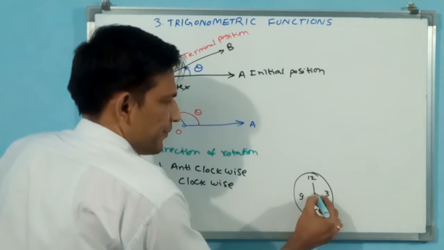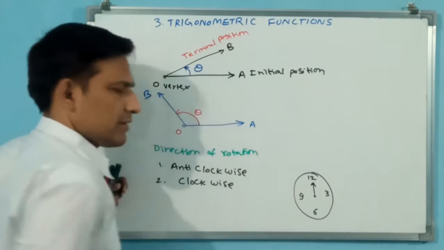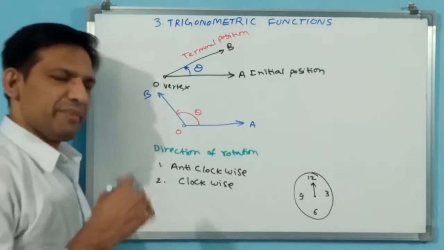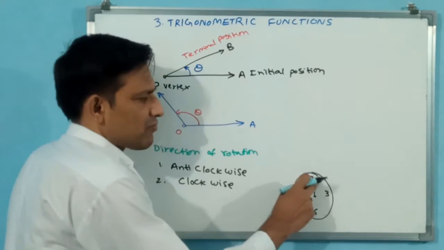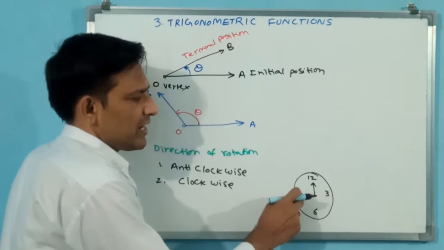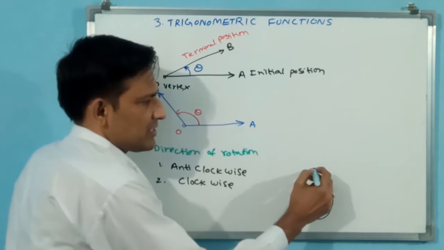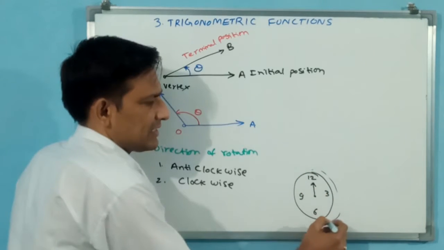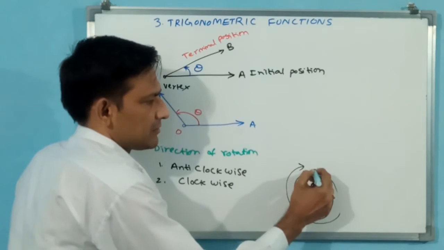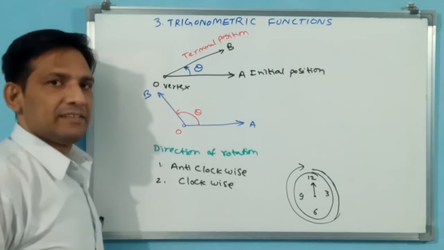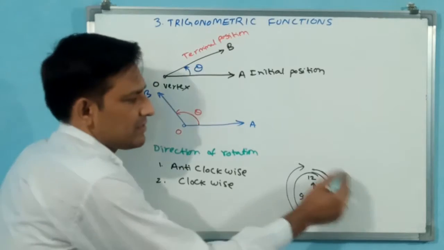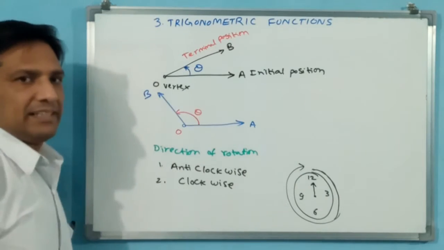You see, an hour hand or minutes hand or seconds hand, all three hands will rotate from 12 to 3, 3 to 6, 6 to 9, 9 to 12. That means the direction will come like this. Is it correct? This is a clock, that is why this direction is called clockwise direction.